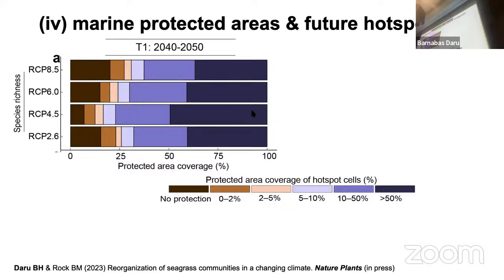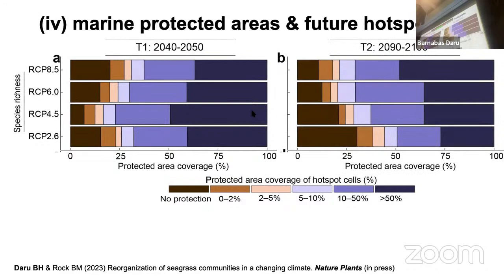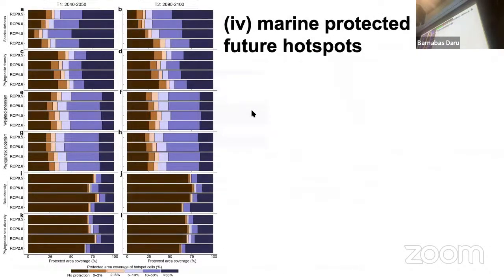And so we mapped this for the current scenario, mid-century scenario, as well as end of century scenarios in 2100 for species richness. And we did that for all the other facets of diversity, from species richness at the very top all the way to phylogenetic beta diversity at the bottom, and for mid-century scenario to the left and end of century scenario to the right.